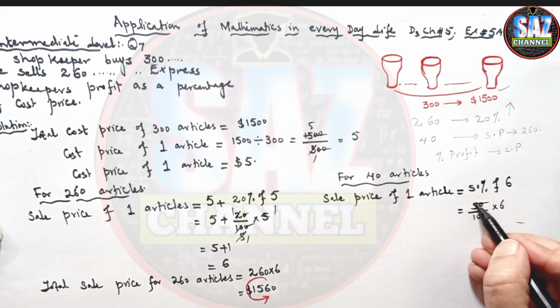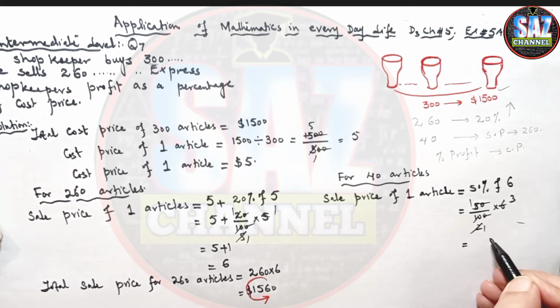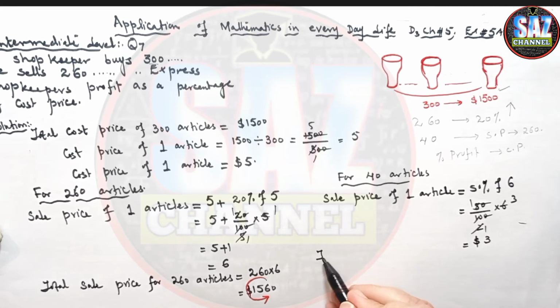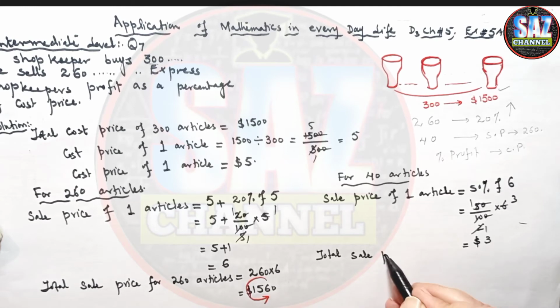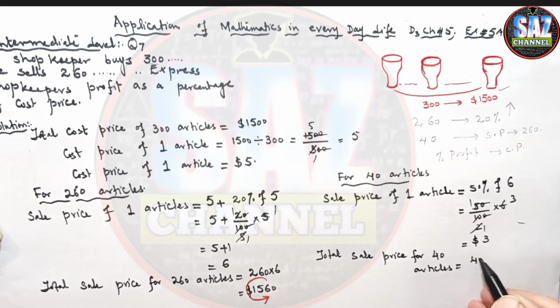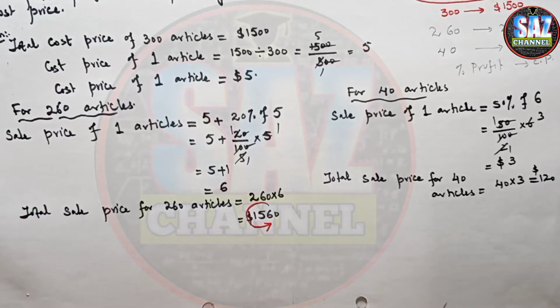This will be 5 ones are 5, 5 twos are 10, and 2 ones are 2, 2 threes are 6. It means the sale price of one article is $3. So the total sale price for 40 articles equals 40 multiplied by 3, which is equal to 120. So the total sale price of 40 articles is $120.